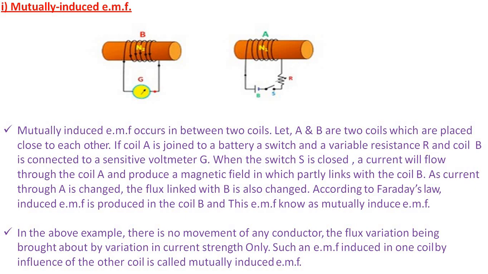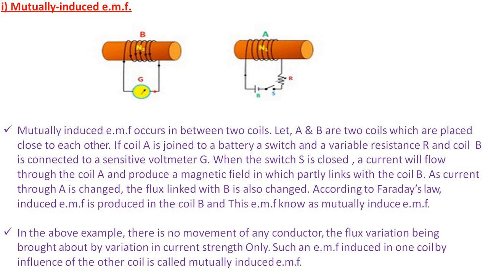When the switch is closed, current flows through coil A and produces a magnetic field which is partly linked with B. As the current through A is changed, the flux linked with B also changes. According to Faraday's law, an EMF is induced in coil B. This EMF is known as mutually induced EMF.